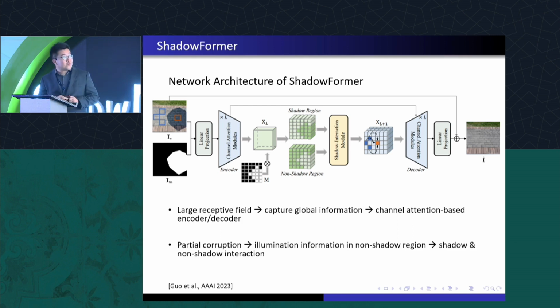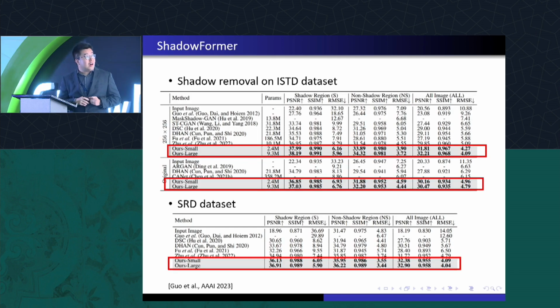Because of that, we change the very redundant global self-correlation calculation to a specific correlation matrix, which is only between the shadow and non-shadow region. We call that shadow and non-shadow interaction. It turns out that by having this more careful modeling of the degradation process, we can end up with a model that has much fewer parameters than the existing one.